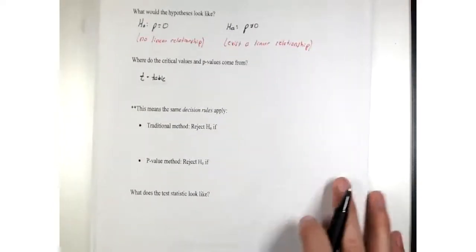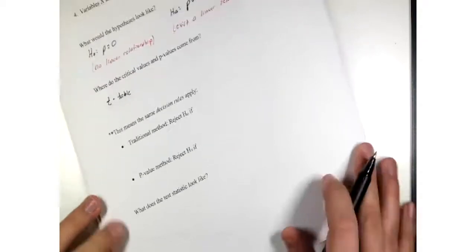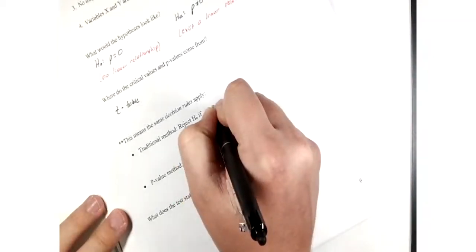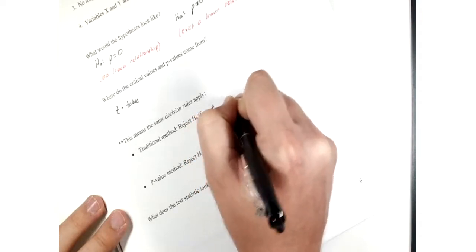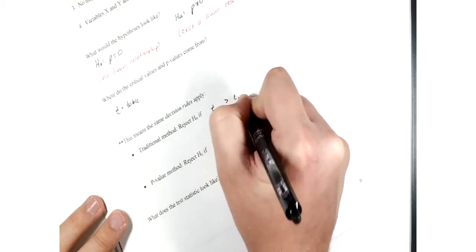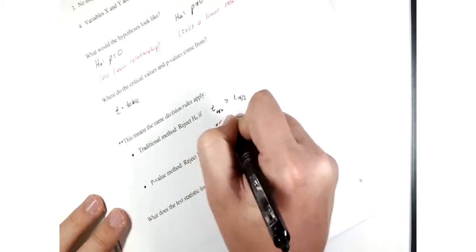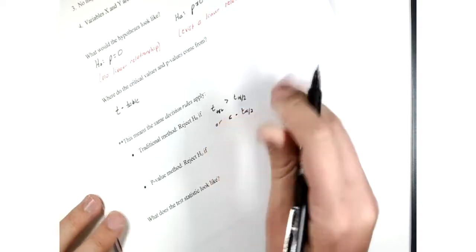Okay, so let's get back on track now that that mishap is concluded. This means the same decision rules apply as what we had in chapters 8 and 9. We are going to reject the null hypothesis if the t-test statistic we compute is greater than the positive t alpha over 2, or if it's less than the negative t alpha over 2.